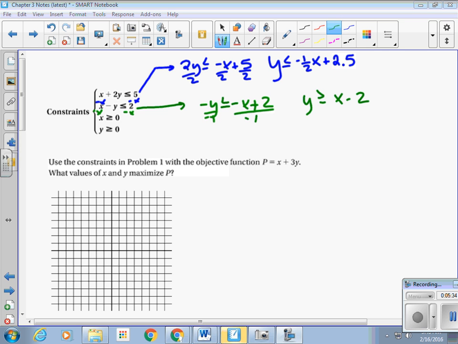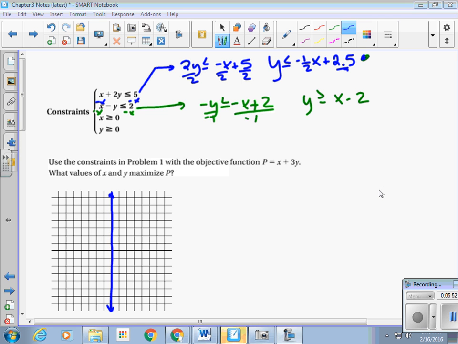All right, so let's do some graphing. So let's graph our first one, and we'll use red and blue. So we start at 2.5. Here's our x and our y.